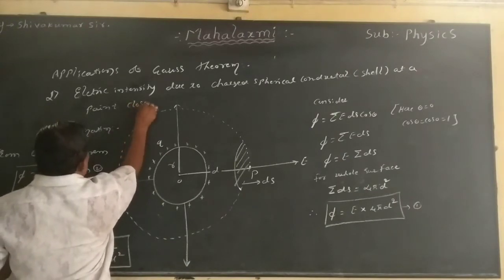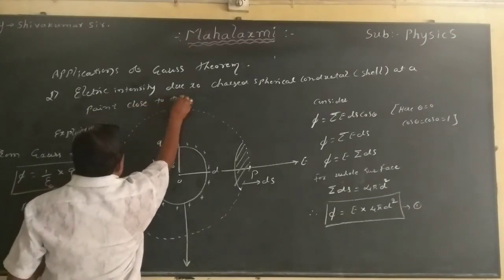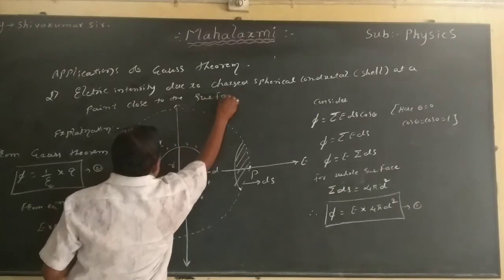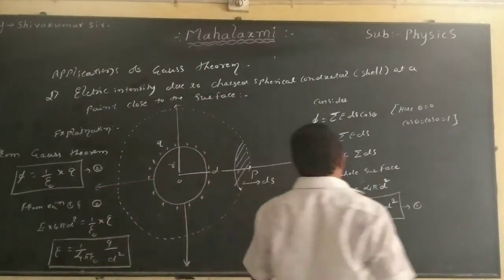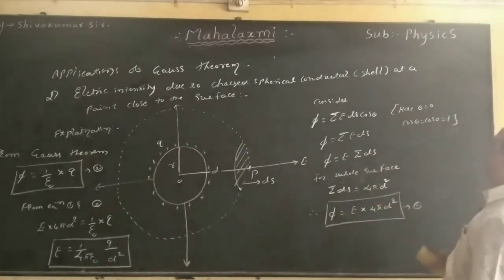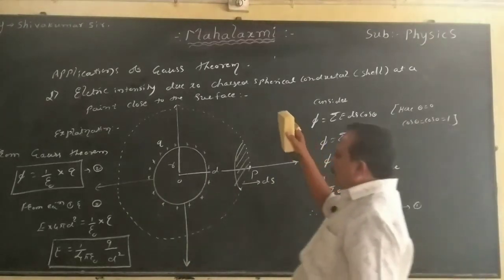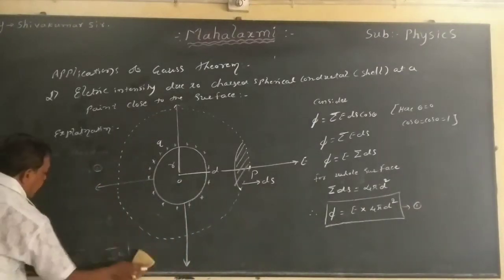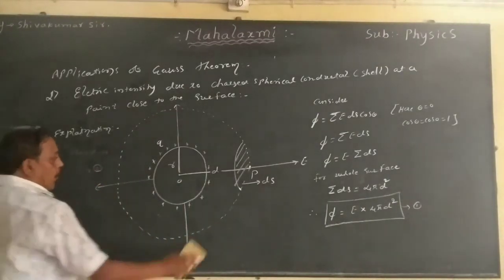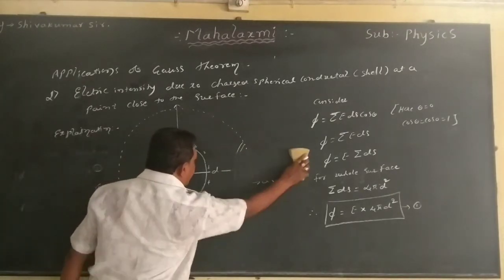Small correction: shell. Now this is our second derivation. Are you getting the point? Then everything will be the same. What changes are to be made? So the figure I keep as it is. The earlier point was a little far away; this one is very close to the surface.